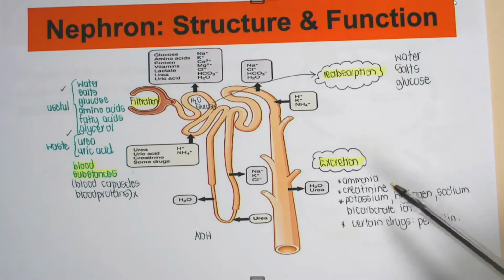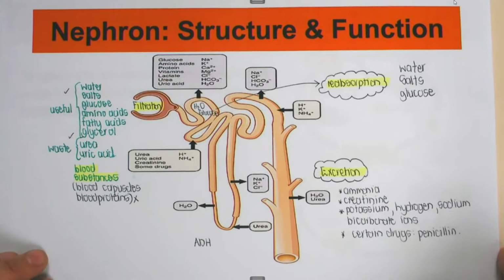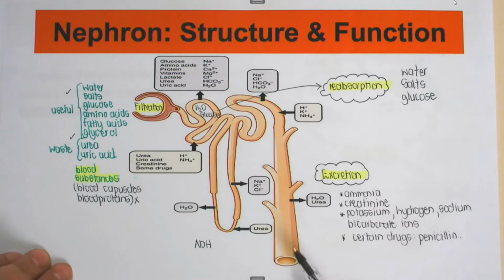Ammonia, creatinine, potassium, hydrogen, sodium, bicarbonate ions, certain drugs like penicillin. If your body cannot use the vitamins that you are taking in, vitamin pills, your body can only absorb a certain amount. If it's not used, you just urinate all of that out. So that will be in your urine.